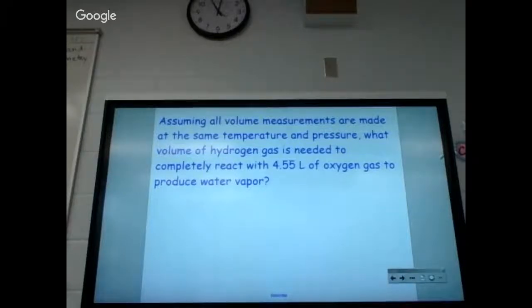So how do you know if that's the ratio because it's all volume? All right. When you read it, did they give you a temperature and pressure? And did they give you more than one compound?